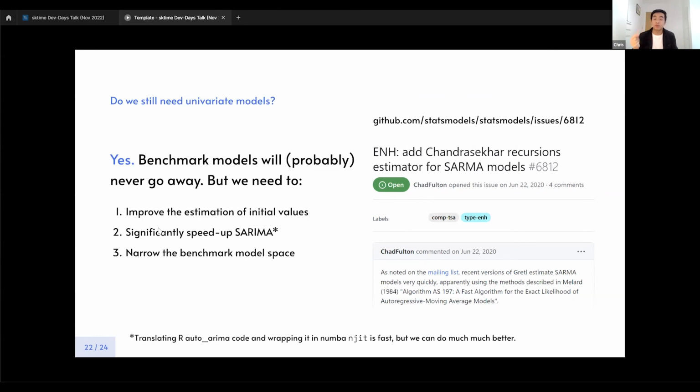First of all, we need to improve the estimation of initial values. I don't think there's enough work being done in this space. We see extreme variance in our internal benchmarks, and also in benchmarks from Hyndman for models like ETS and ARIMA across different data sets. What's the reason for this?